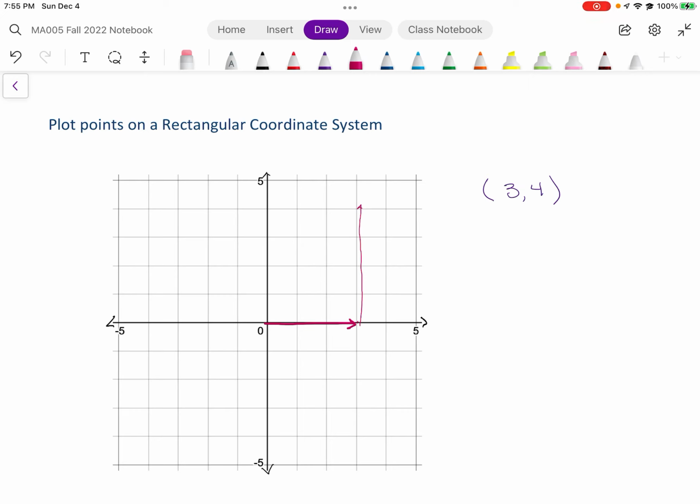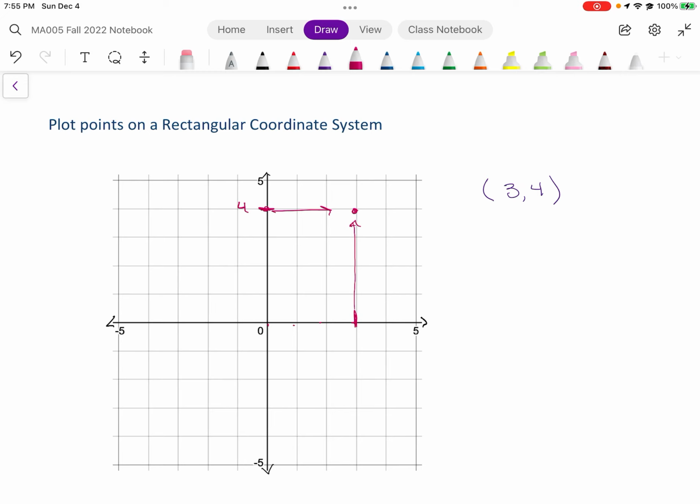Another way to think about it is we would go over 3, 1, 2, 3, right here, and go up, and over here is our 4, and we would go over, and it's where the 2 come together right here. So there's just a couple different ways to look at it.